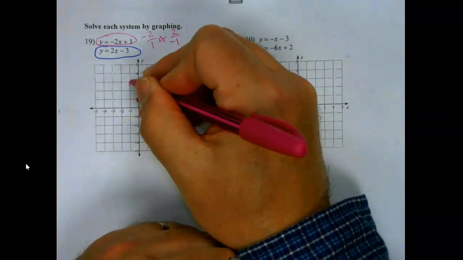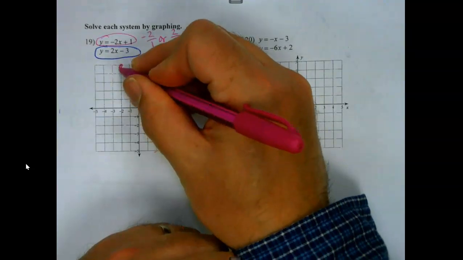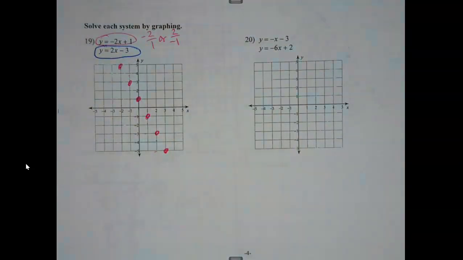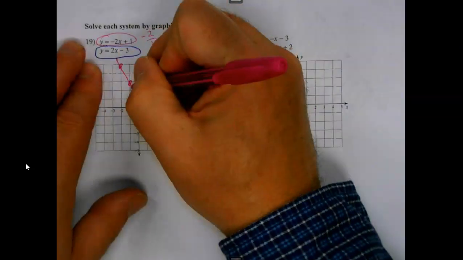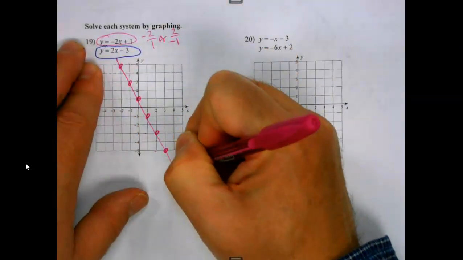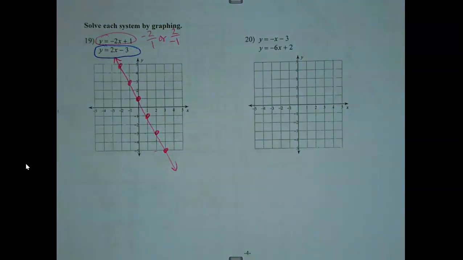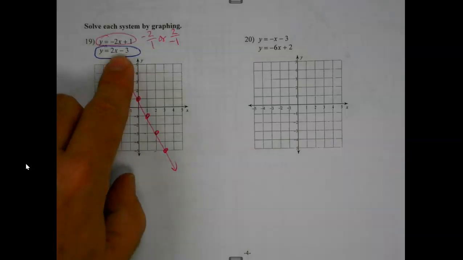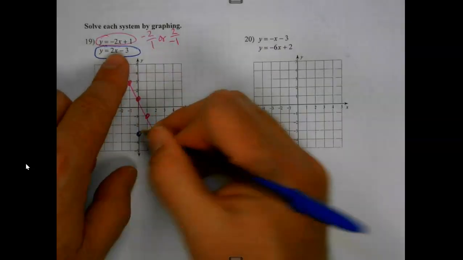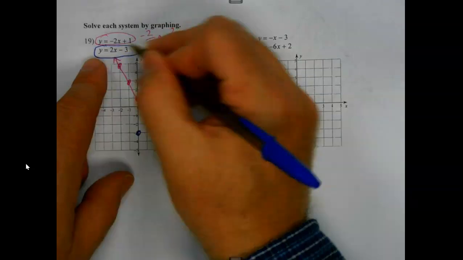Up 2, left 1, up 2, left 1. These are just equals. We're just connecting the dots. And now we hope when we graph this other one, we're going to have a dot in common. That's the goal.